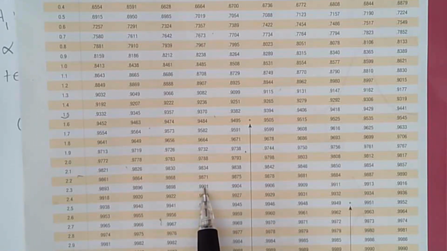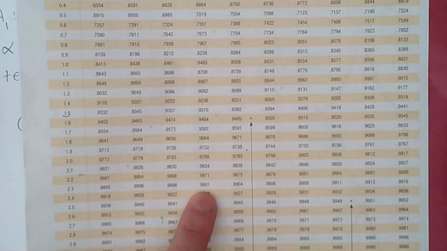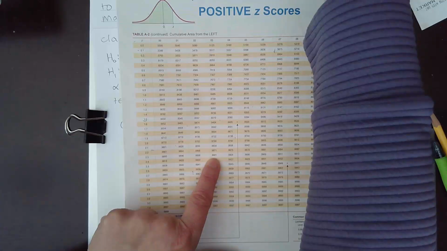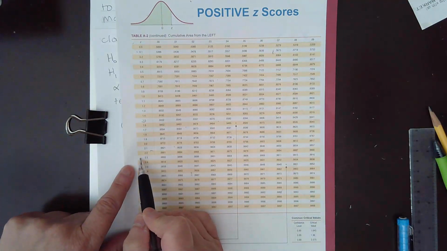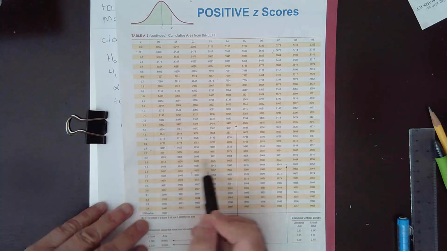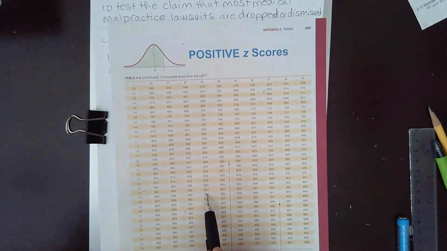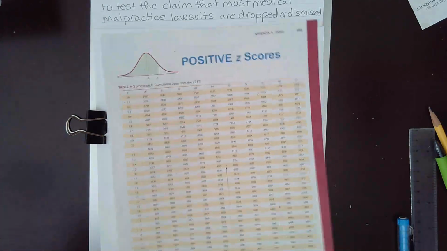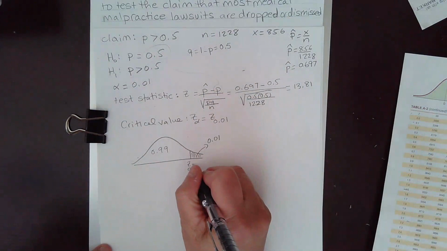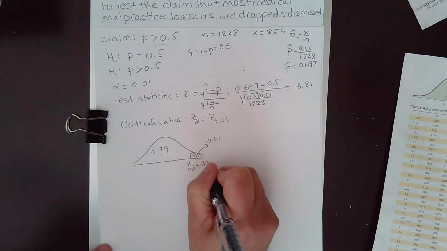So that value right here should get you z of 2.33. You go back here, it's 2.3 right here, and then you go up, and this is 3. So 2.33 is your critical value right here.